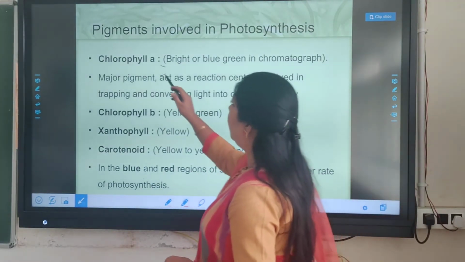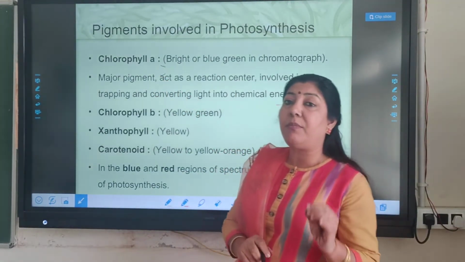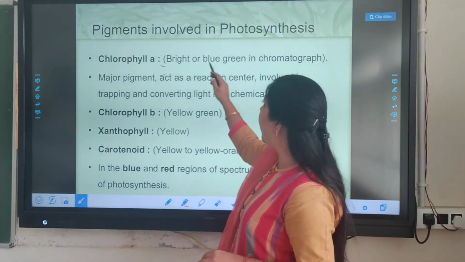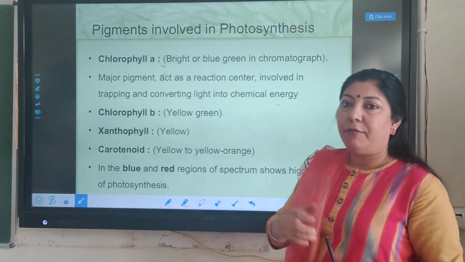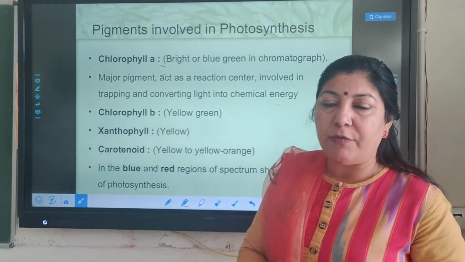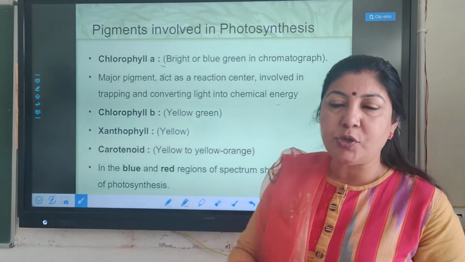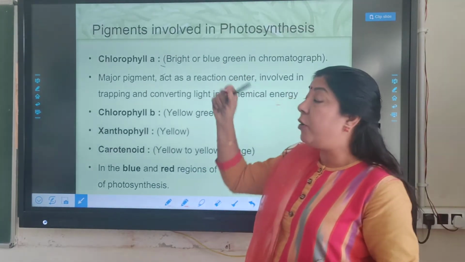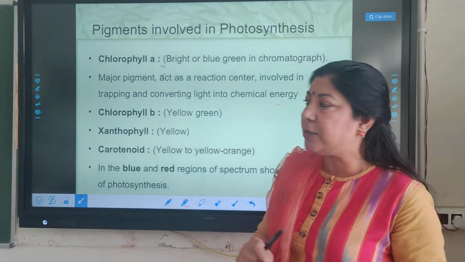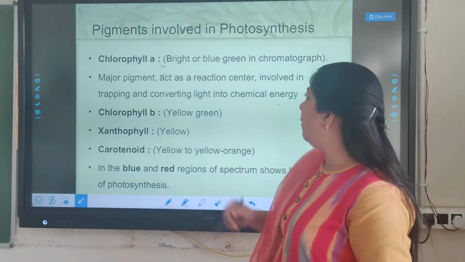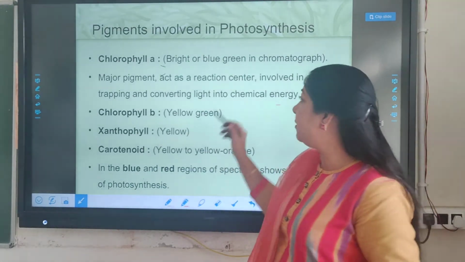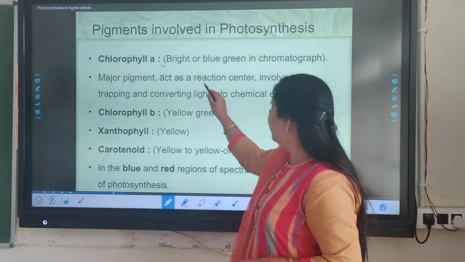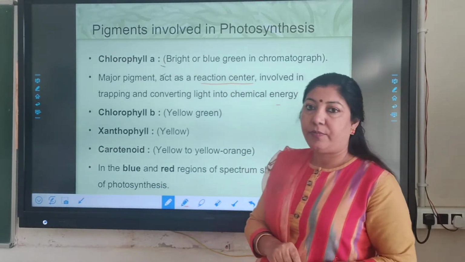First one is chlorophyll A. That is the major pigment, the primary pigment, which is bright blue-green in color. When we do the chromatography separation of the photosynthetic pigments, the bluish green band which is brightest is called chlorophyll A, which actually acts as the reaction center in the light harvesting complex.